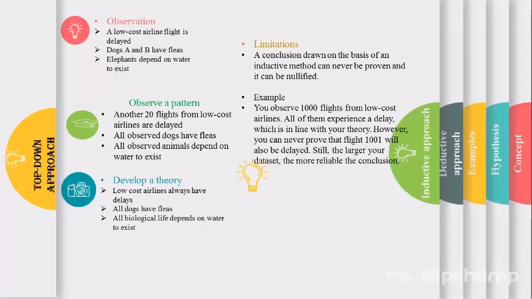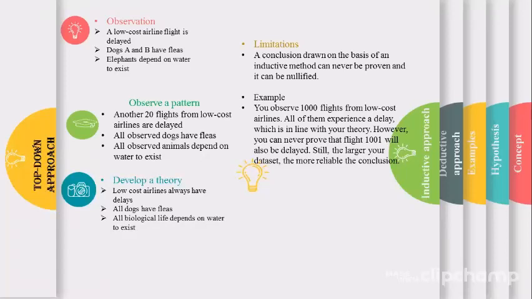But this kind of inductive approach cannot be proven. Why can it not be proven? We have checked only 20 flights. Now what about the 21st flight? Suppose we did not check the 21st flight. It can happen that the 21st flight did not have a delay. So if it did not have a delay, then how can we say that all the low cost flights are delayed?